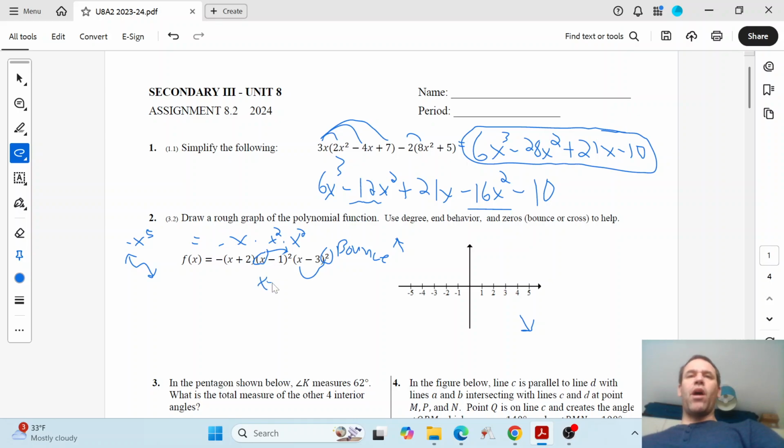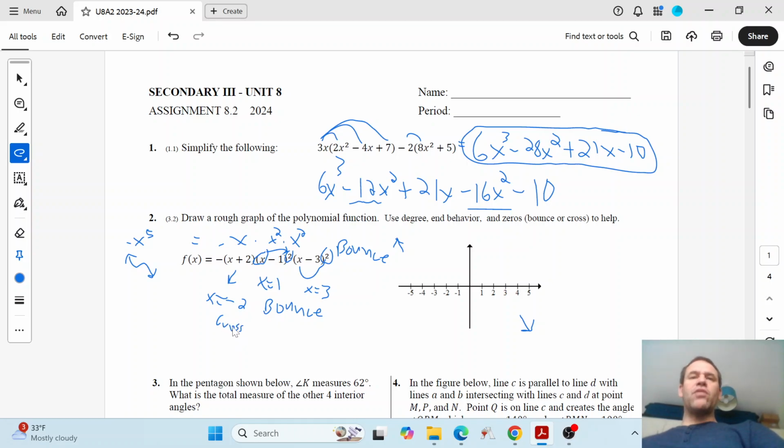It's going to bounce because of the even. It's going to bounce, as well as x equals 3. It's also going to bounce. But at x plus 2, when you set that equal to 0 and move the 2 to the other side, you'll get a negative 2. And at negative 2, it's actually going to cross through.